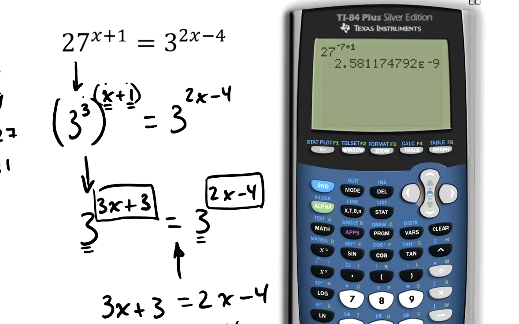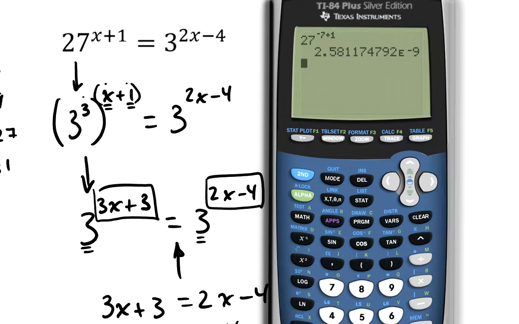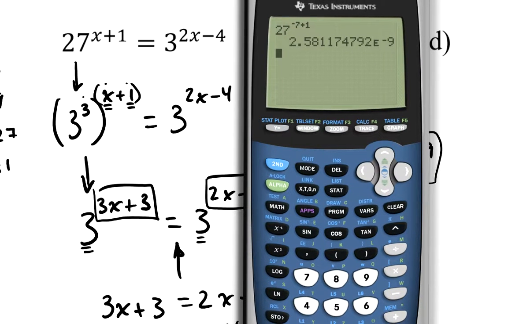So let's do the same thing with the other side and verify that we get the same value. So on this side it's going to be 3, and then I'm going to raise it to the power of 2 times negative 7, and then minus the number 4. So that's 3 to the 2 times negative 7, 3 to the 2x minus 4. By the way, you can see multiplication: there's this star character that shows up.